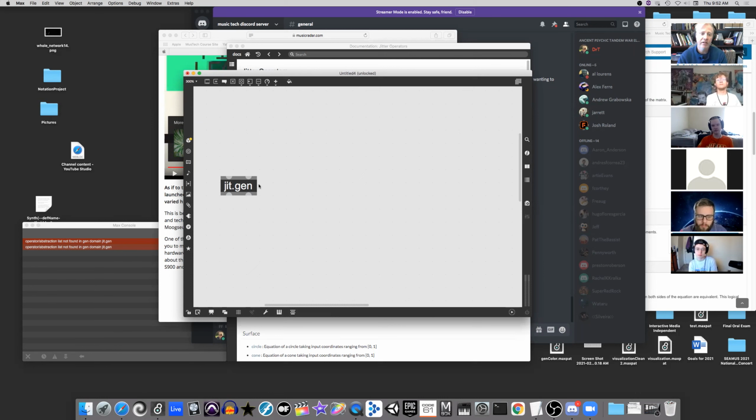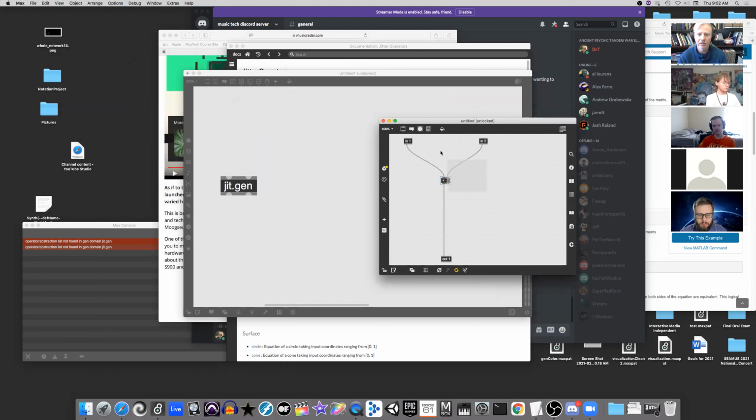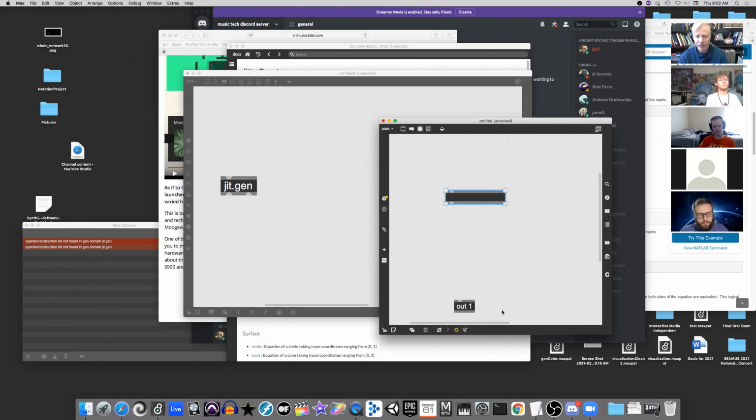And we see that looking inside the gen, our standard thing to do is to just put an snorm in here, signed normalization, which gives us numbers between -1 and +1.